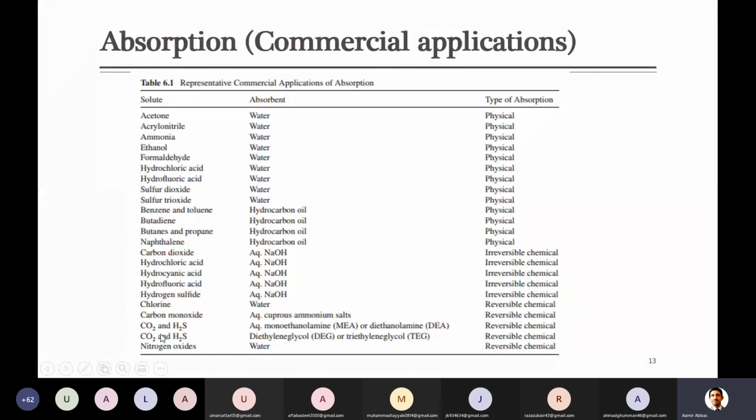For carbon monoxide, carbon dioxide and H2S removal, you can see that monoethanol amine and diethanol amine are used. Sometimes glycols are also used, like diethylene glycol and triethylene glycol. For nitrogen oxide, water is used, and that will react. All these examples are used on industrial scale for removal of the components mentioned here, and these are the solvents.